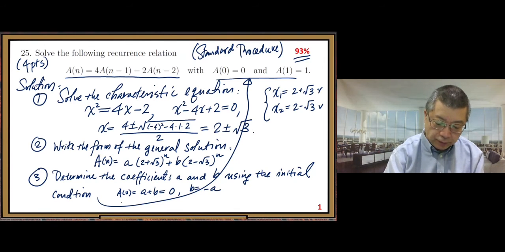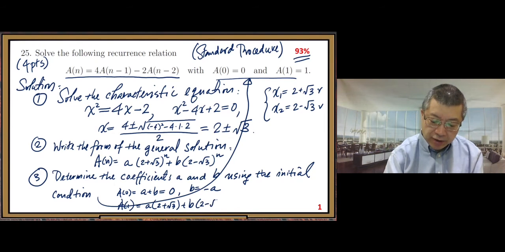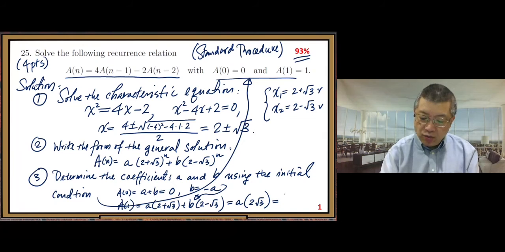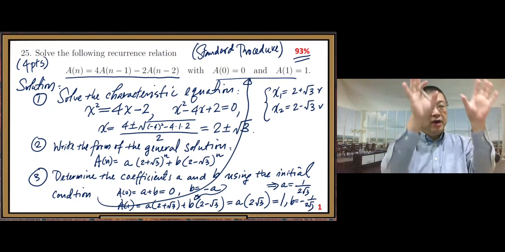The second one: a of 1 equals a times 2 plus root 3, plus b times 2 minus root 3. If you replace b by negative a, you have a times the first parenthesis minus the second parenthesis. Things cancel out and you have 2 root 3, which equals a of 1, which is 1. So you find a equals 1 over 2 root 3, and b equals negative 1 over 2 root 3. This step is worth another point.